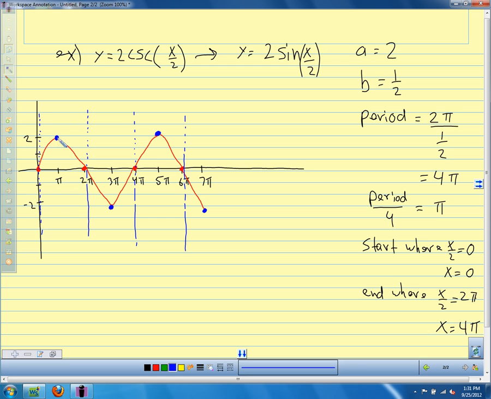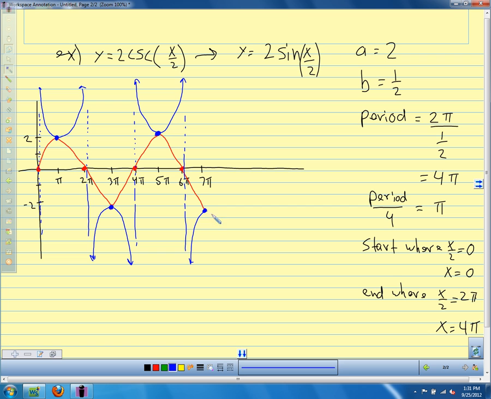So from here, my graph is going to go up like this, and up like this. From here, it's going to go down like this. And then it repeats. This is going to go up like this. And we'll go down.